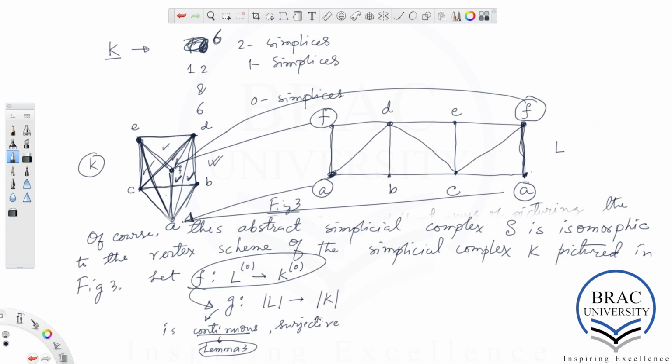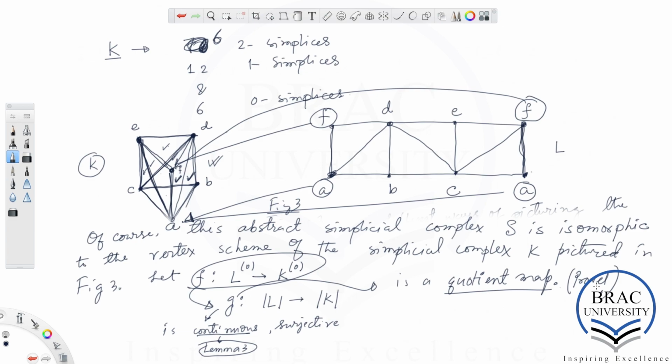Then use the property of compactness and Hausdorffness to conclude that this map G is a quotient map. I left it as a very easy exercise.